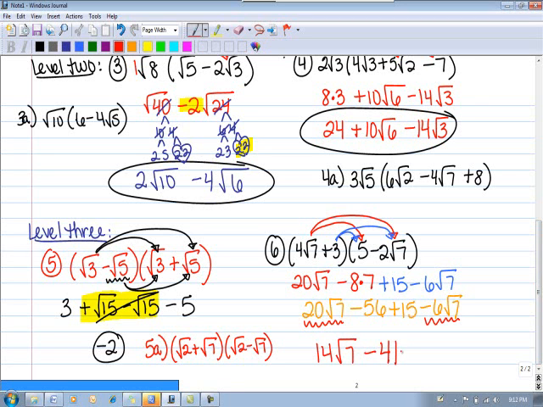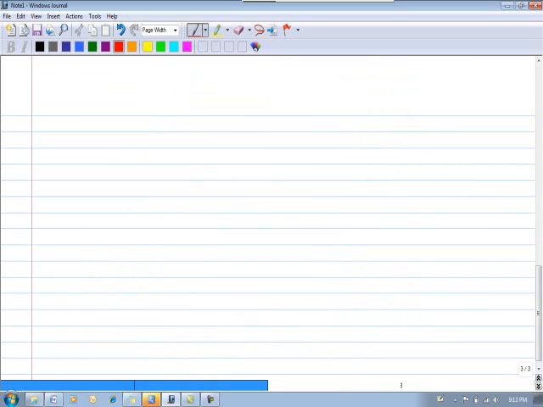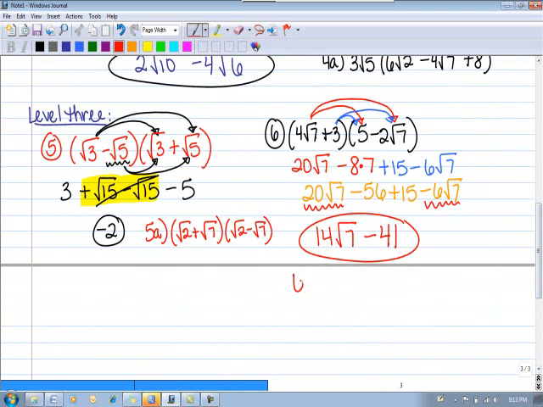Okay, so my final answer is 14 radical 7 minus 41. And your 6A question, last question for the day, is radical 3 minus 2 radical 5 times radical 5 plus 3 radical 2. And that's it.